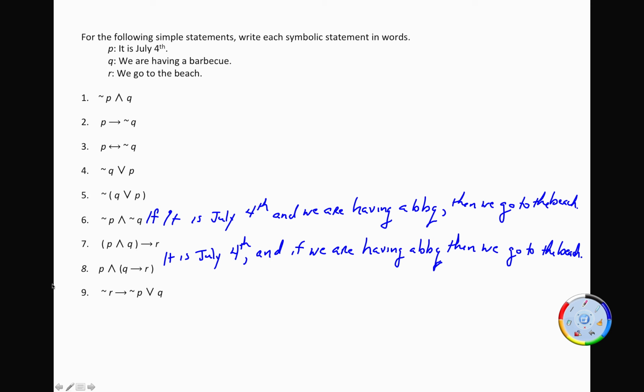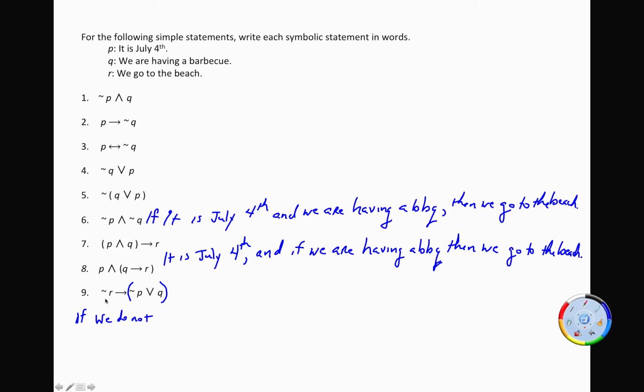Okay, again, this one has more than two connectives, so without parentheses, it automatically tells me where my grouping is. So this is not our, we do not go to the beach. Sorry, I don't know what's up with me today.